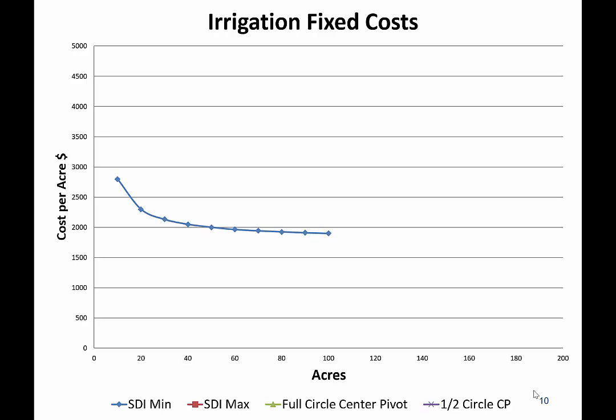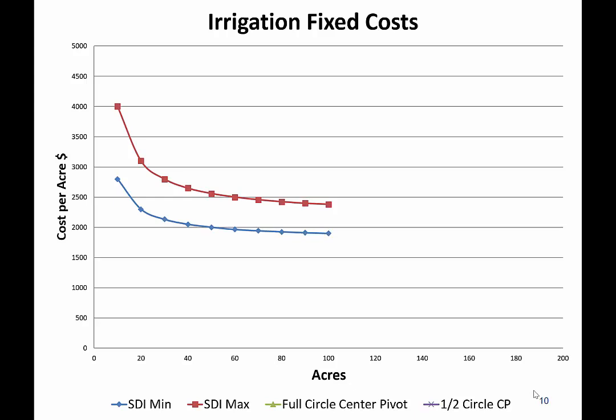I stopped that graph at 100 acres because we typically don't see any systems in SDI that are bigger than about 40 around here. In Texas, it's very common, but you don't see them around here. On the worst case scenario with SDI, that graph moves up to about 4,000, dropping down low below 2,500. This includes the pump and the well and the tape installation.